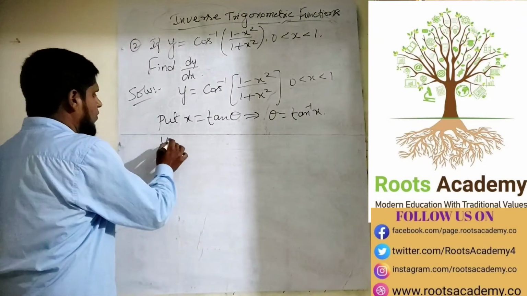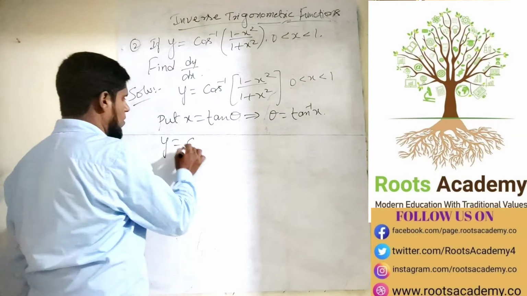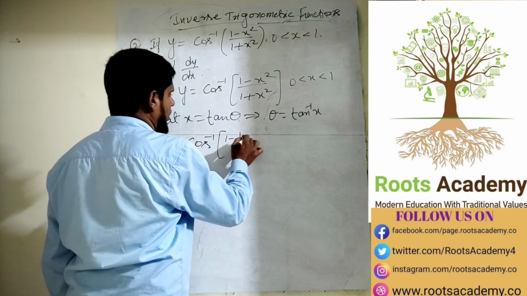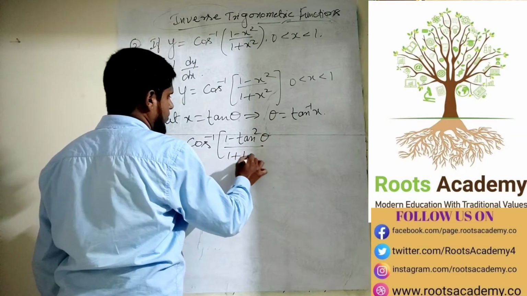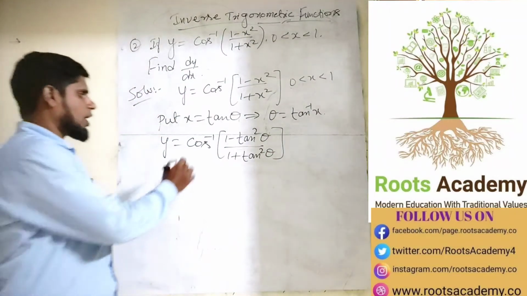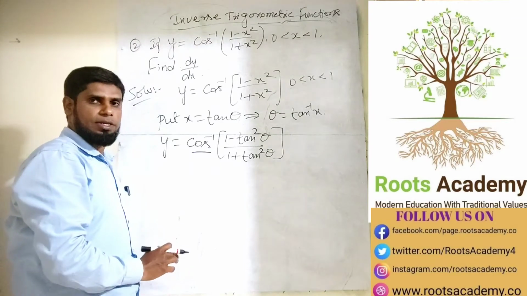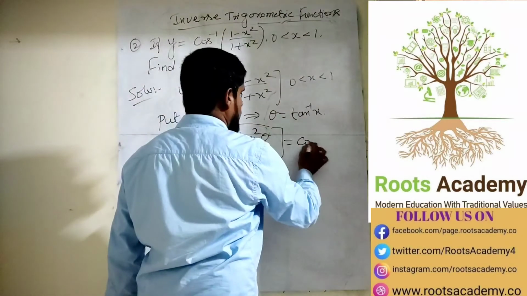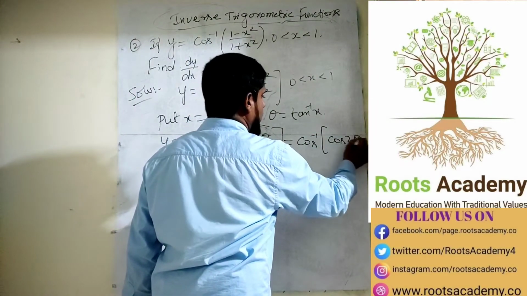Then what happens to the function now? It becomes y equals cos inverse of (1 minus tan square theta) divided by (1 plus tan square theta). To cancel this cos inverse, I need a cos term inside the bracket.